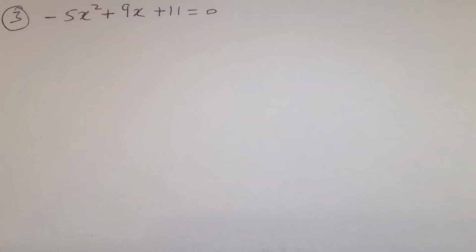Our third question: minus 5x squared plus 9x plus 11 equals 0. Now in this question I made a negative, because in previous questions we took b and c negative.